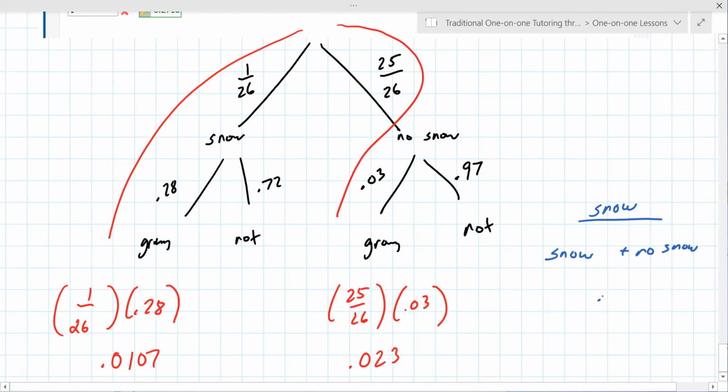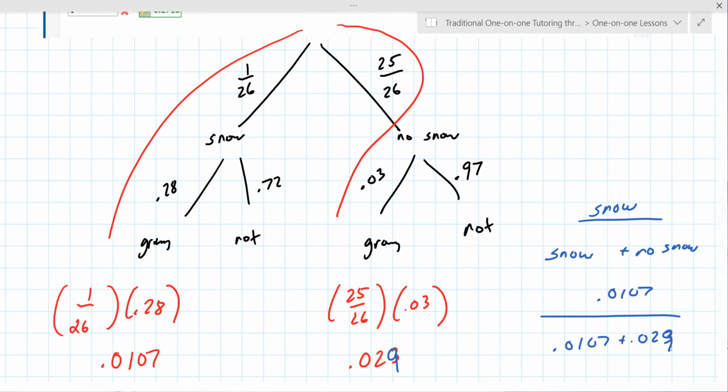In short, it's 0.0107 over 0.0107 plus 0.023. Actually, I rounded that wrong, but the numbers aren't really important. What's important is that you understand there are two paths that get you there, those go on the bottom, and the one that you care about goes on the top. Simple.